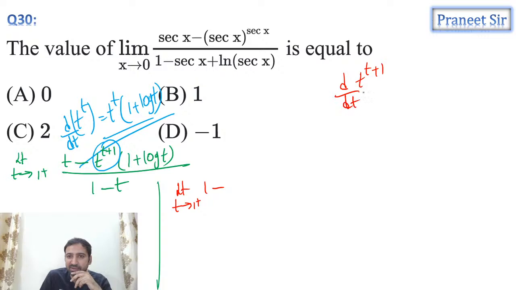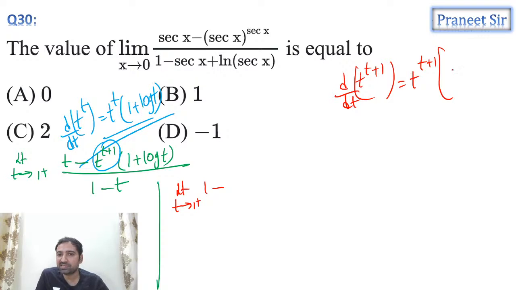If I differentiate t power t plus 1, we get t power t plus 1 into the differentiation of t plus 1 log t, which is log t plus t plus 1 by t. Yes, that's what we're getting.